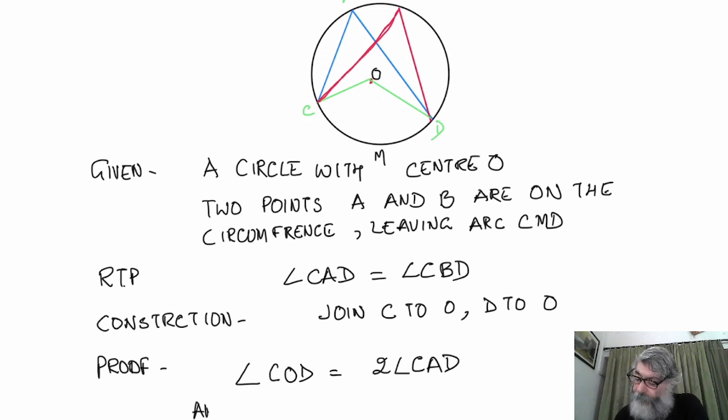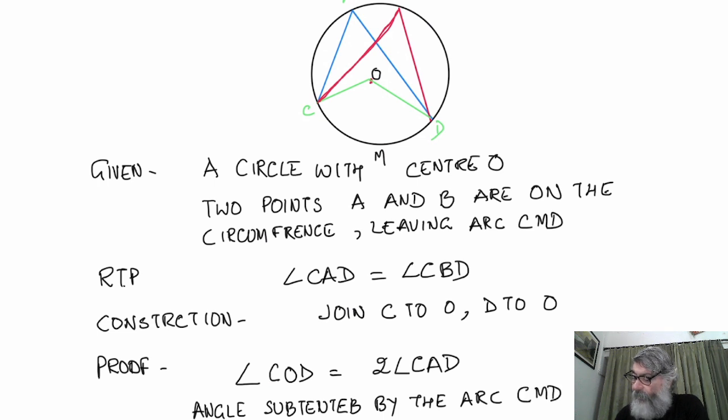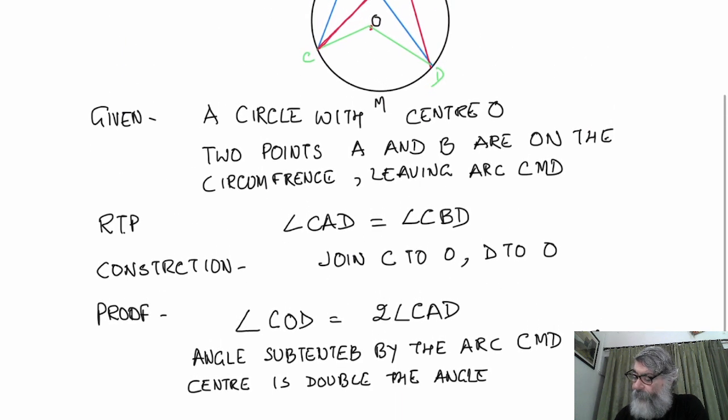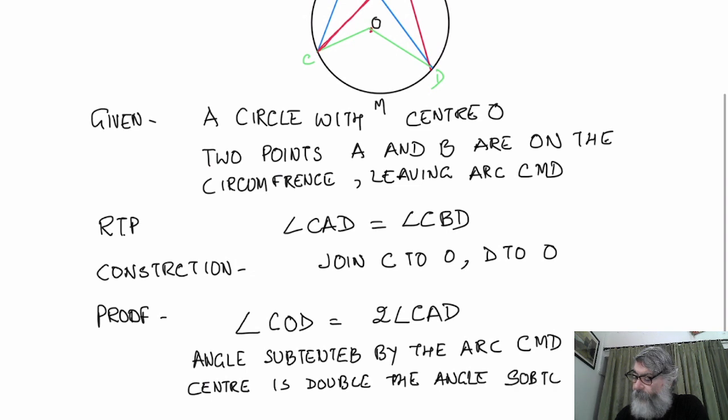Angle subtended by the arc CMD at center is double the angle subtended by arc CMD at the remaining part of the circumference.